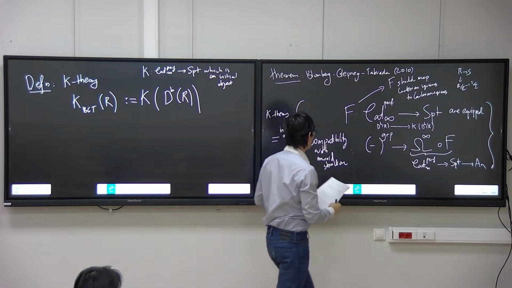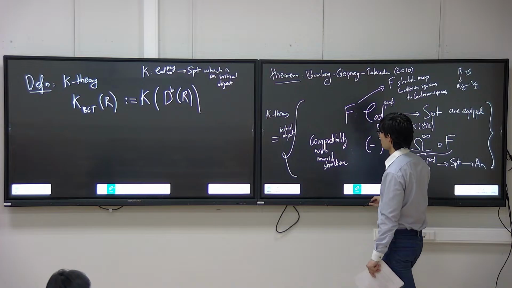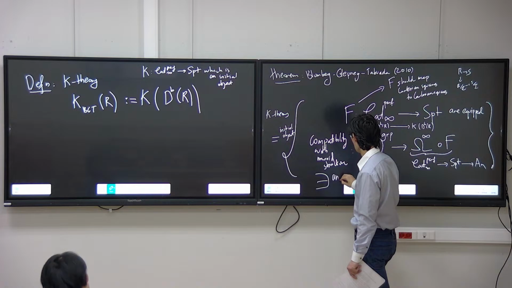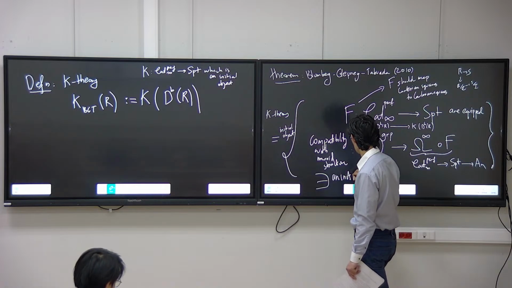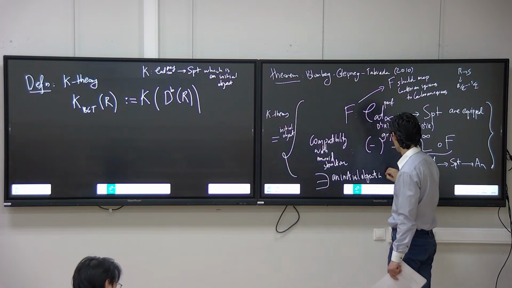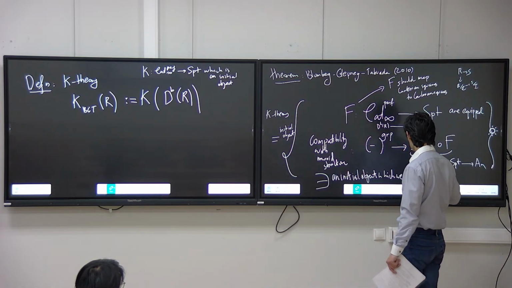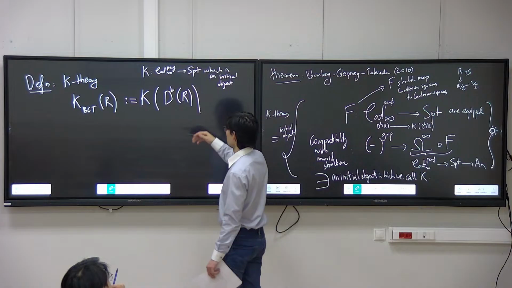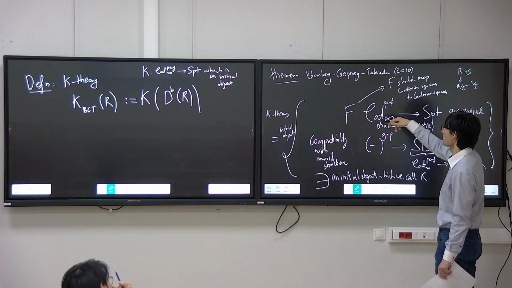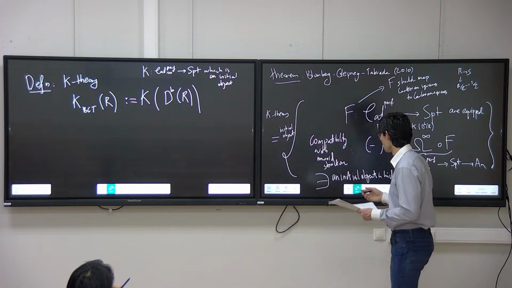And I guess the theorem of Blumberg-Gepner-Tabuada says that there is an initial object. So there exists an initial object, which we call K. And now this defines some kind of K theory for every idempotent complete category, which is a very general definition.